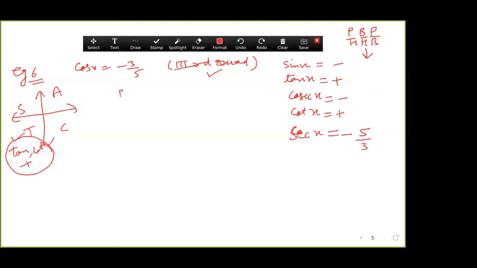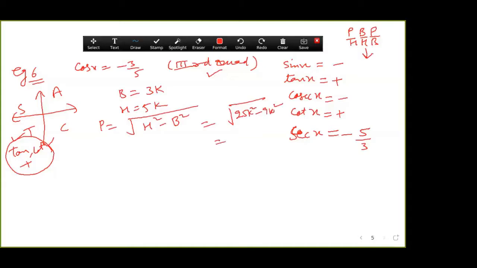It means b is 3k and h is 5k. Then how to find the perpendicular p? In class 9th we have studied it. That will be the square root of h square minus b square, and you get 25k square minus 9k square, 16k square under the root, that is 4k.